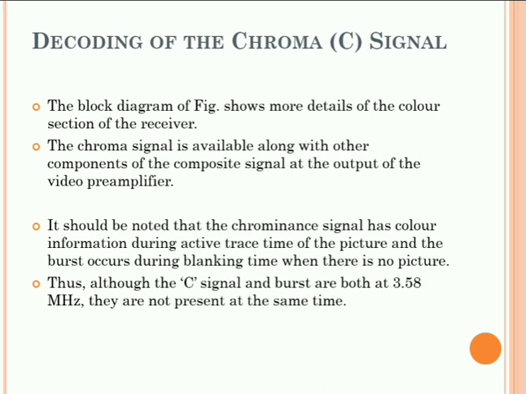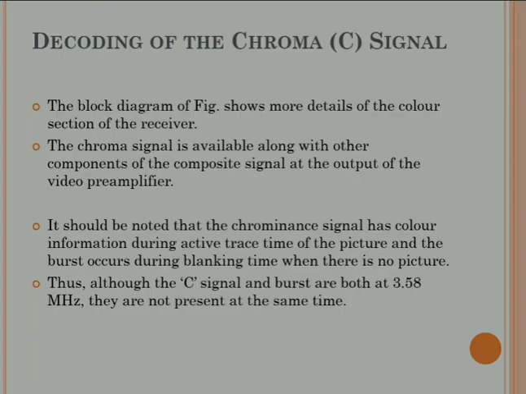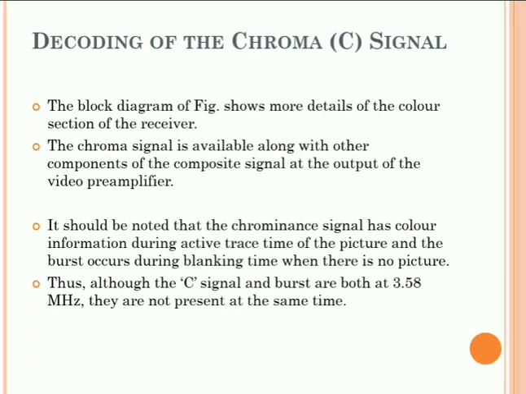It should be noted that the chrominance signal has color information during the active trace time of the picture, and the burst occurs during the blanking time when there is no picture. Thus, although the C signal and burst are both at 3.58 megahertz, they are not present at the same time.